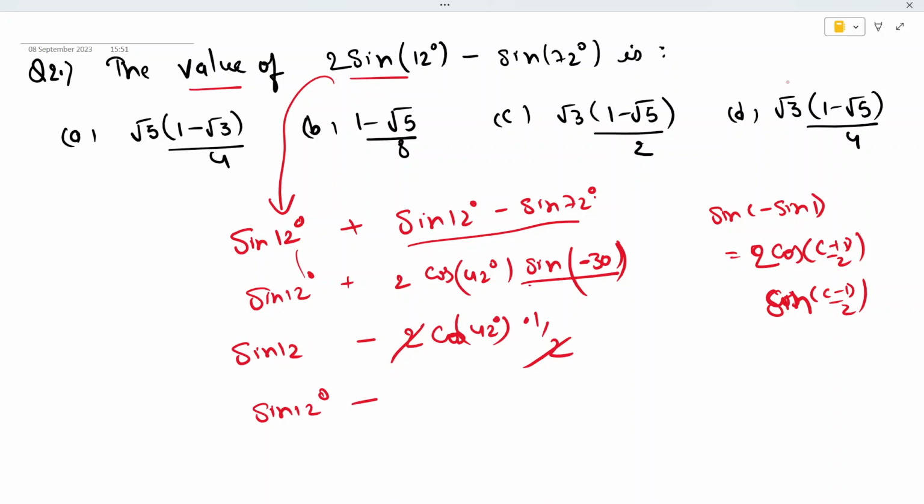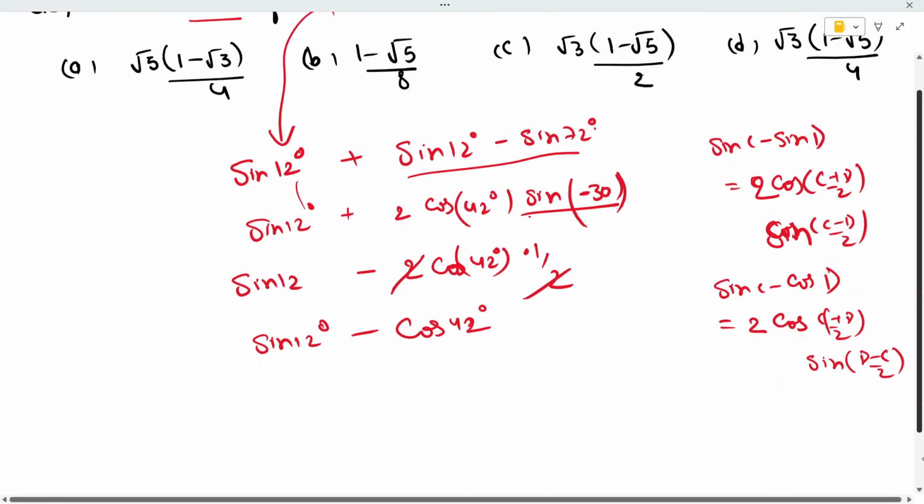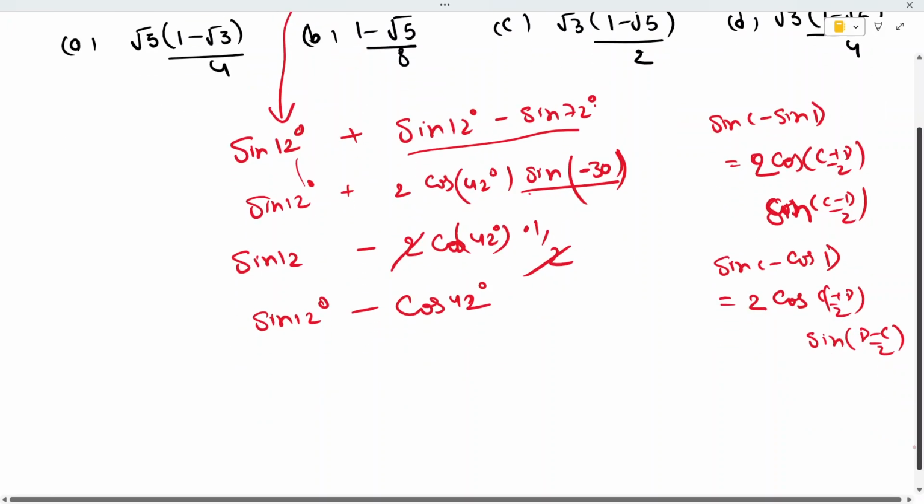Now with the sin C minus sin D formula, you just have to evaluate the values. Let me write it for you: 2 cos((C + D)/2) sin((D - C)/2). That is the sin C minus sin D formula.